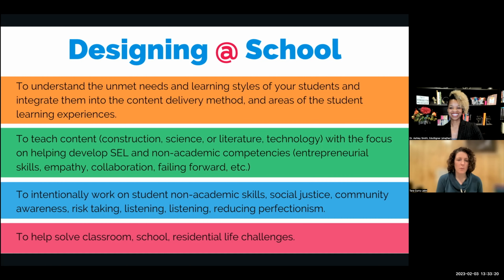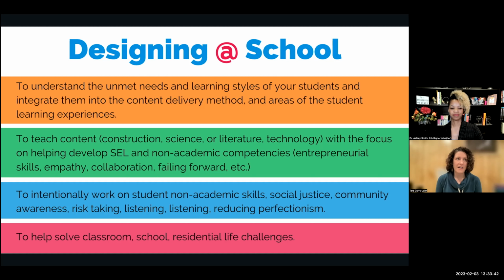Here are 4 core ways that you can imagine using design thinking at schools. So one, just being that understanding that all students have unique learning styles and unmet needs, and using a design process and mindsets to be able to understand how to deliver content and to impact student learning experiences. Another one might be that you could use it to teach content.